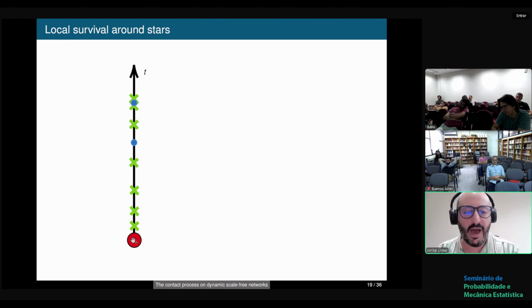Please consider one star advancing through time. On this timeline, we're going to mark all the updating events, which are going to be many. As I was saying, the stars are updating like crazy, and there are going to be some recovery events.